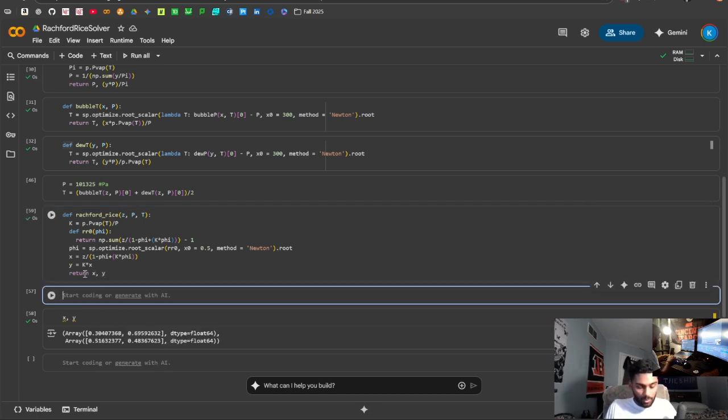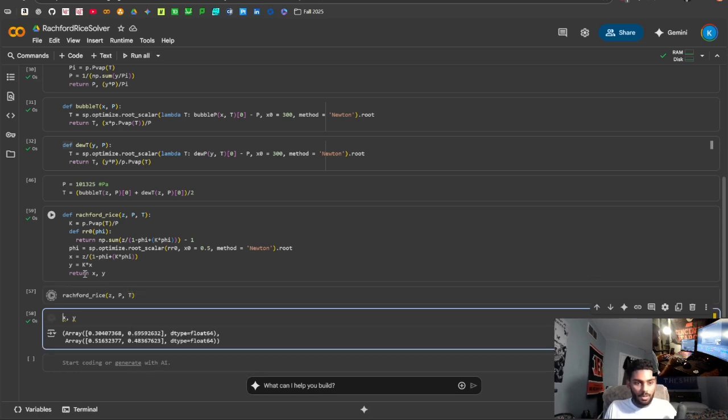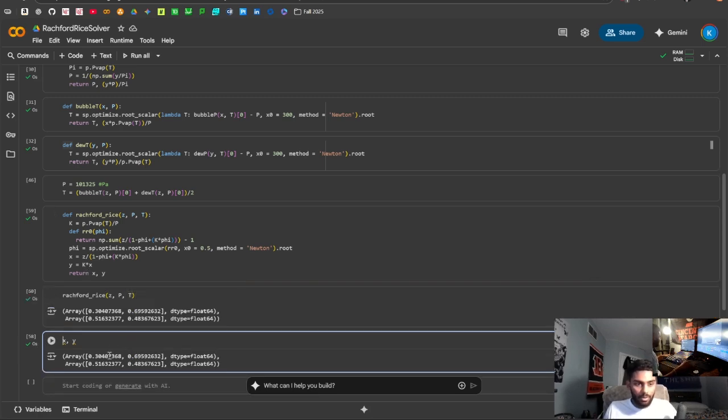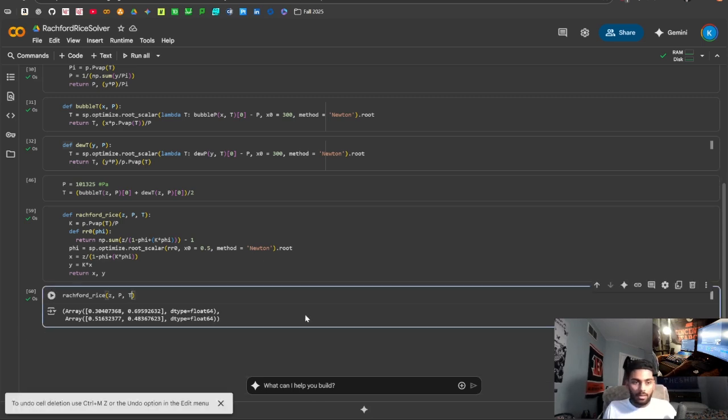So let's see if this works. Rachford-Rice. I'll give it our inputs. And there you go, exactly how we drew it up before. Gives us our x and y as a function of our compositions, our pressure, and our temperature.